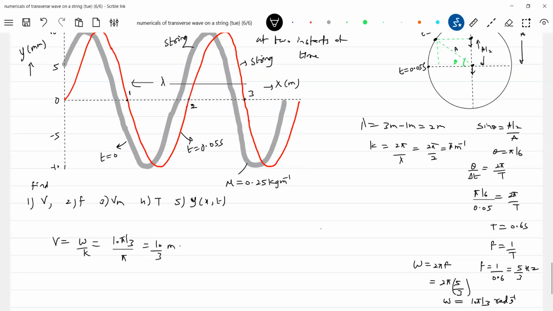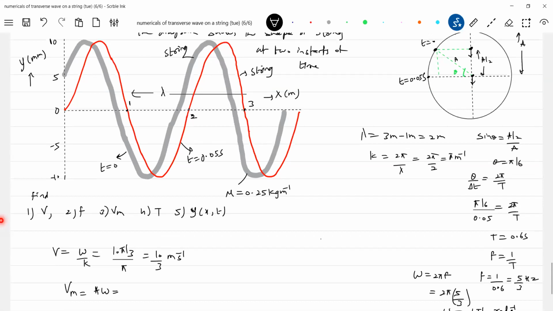10 by 3 meter per second. Okay, after getting that, this will be the wave speed. So I know the frequency. What is the maximum speed? Maximum speed is given by A into omega. And what is the amplitude?